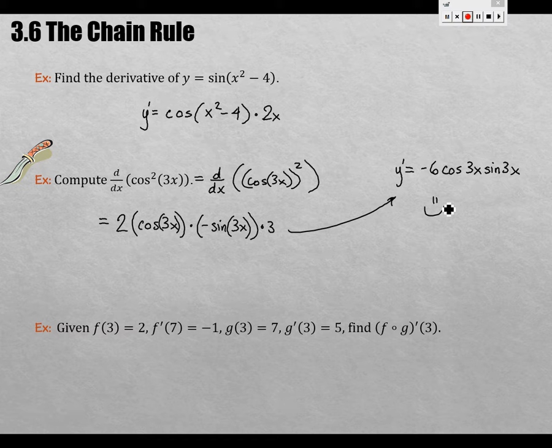So the chain rule is you're taking the derivative of the outside, so it's 2 times just the inside function as it normally is. You're good with that part. But then the next thing you're supposed to do is multiply by the derivative of the inside. And I claim that the derivative of cosine of 3x, which was the inside, is this. Do you want to work that off to the side?